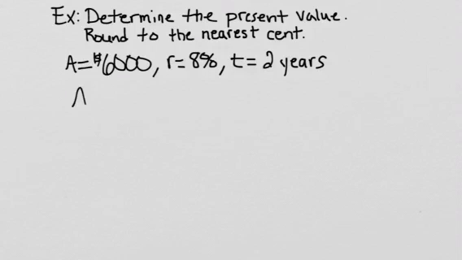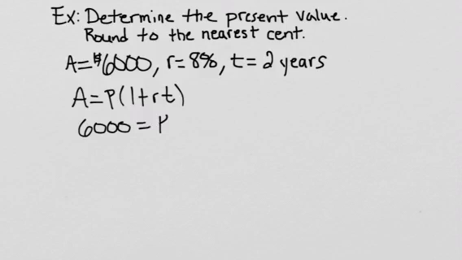So we have A equals our principal times 1 plus rate times time. And again, we just plug in for what we have. So we see that my A is 6,000. We don't know P, that's what we're solving for, so we're going to leave it in there. And then we have 1 plus my rate, which is 0.08, times my T, which is 2.